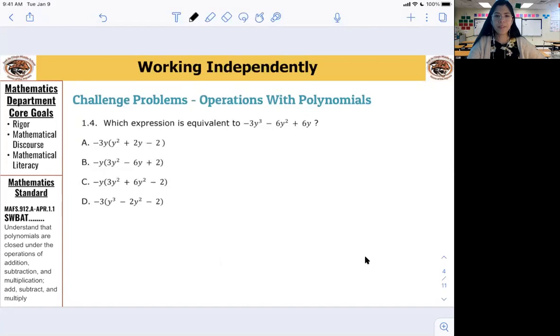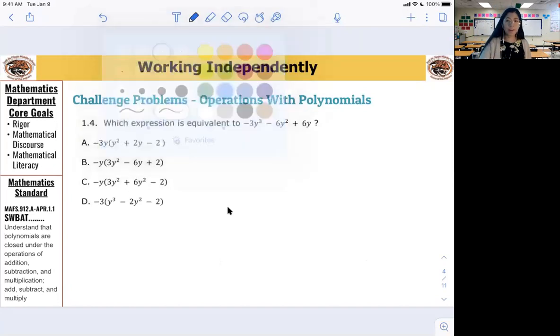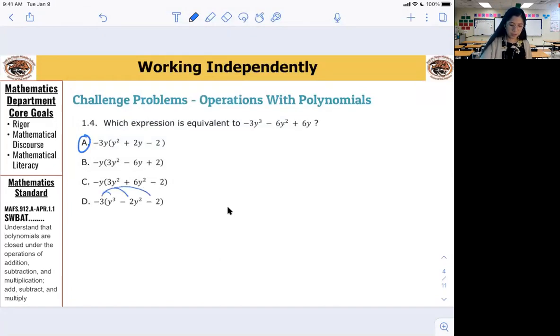Let's go through it. I'm going to go from the bottom to the top, just so we can see why everything else is wrong, because the answer is A. When you distribute, just be very careful. Make sure we're looking at positives and negatives. We get -3 times y to the power of 3, so I have -3y to the power of 3. -3 times -2y: a negative times a negative is a positive, so I end up with positive 6y squared.